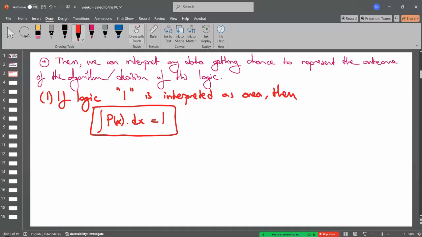This is the first rule, because we do not want to change our logic, just represent it in terms of the area of the probability rate, which means the total area, or the integral form of this probability, must be equal to 1, just like the Dirac delta function, guys, okay? So this must be satisfied.